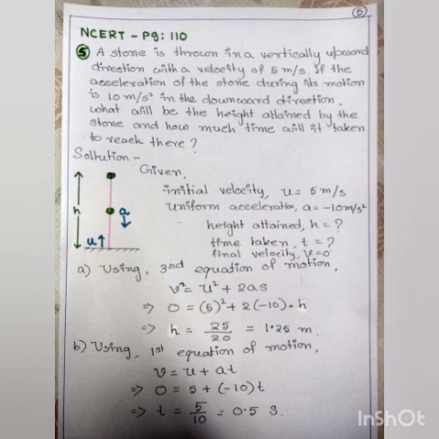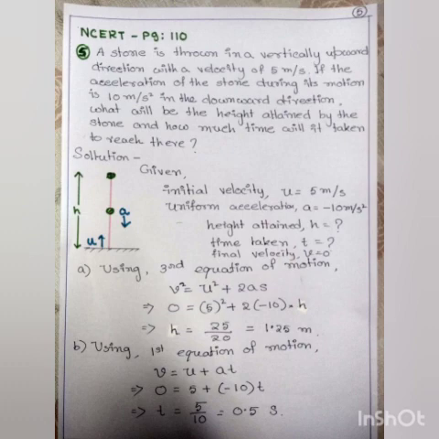Clear? So here u is upward, that if we consider as positive direction, and acceleration will be downward, so acceleration a will be negative. Here velocity and acceleration are all vector terms, so for this particular numerical we have to consider their direction, u with positive sign and acceleration with negative sign.